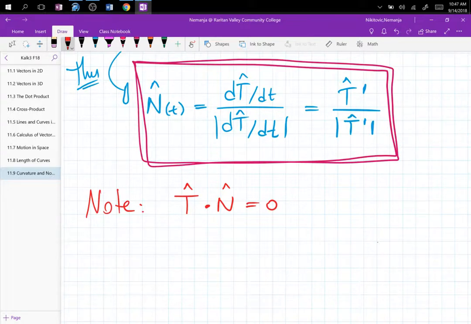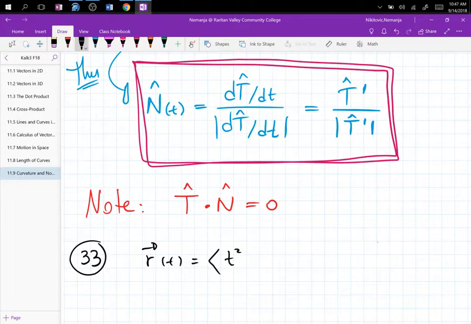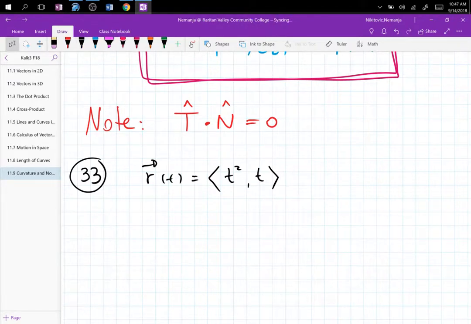But since you picked 33, in your infinite wisdom, let's do it. Number 33 from homework, t squared and t.